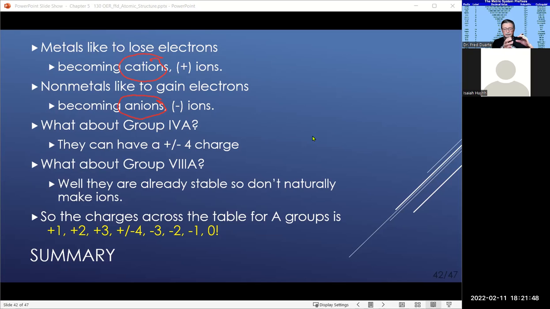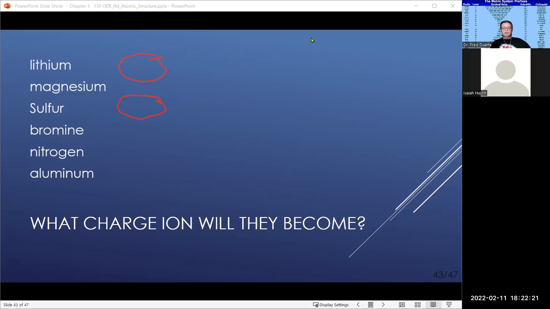If we don't know the charge of both ions, we're going to know the charge of at least one of them, which then allows us to calculate the charge of the partner. If I don't know the positive charge, I would know the negative charge, and I know the total is equal to 0, so I can calculate what the positive will be. We'll have some examples of knocking that out.